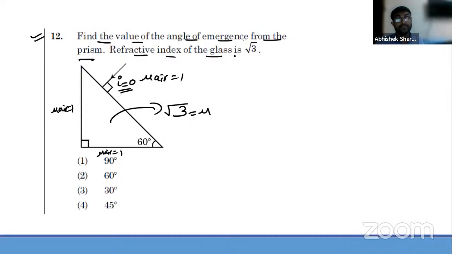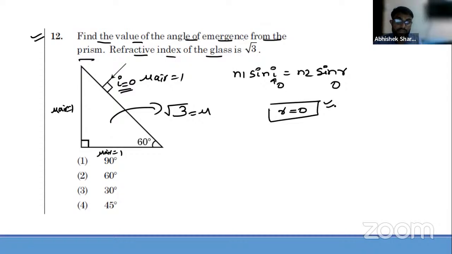If the angle of incidence is 0, from Snell's law, which is n1 sine i equals n2 sine r, if i is 0, sine 0 is 0, it means left hand side equals right hand side, so r is 0. The angle of refraction will come out to be 0. Now when this enters here, remember, we know R1 plus R2 is equal to the angle of prism.